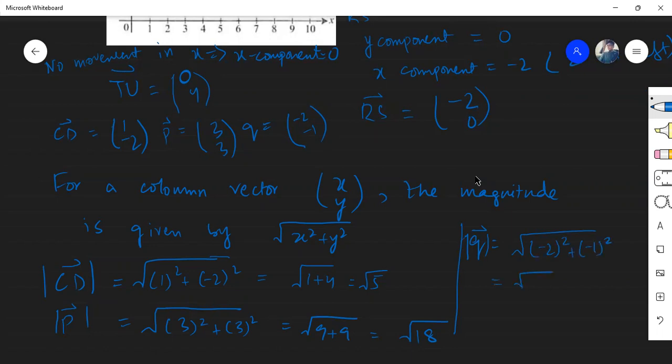That's correct. So this answer is the square root of 5. And what's S? S is the square root of (-2) squared plus 0 squared. So the answer is 2.